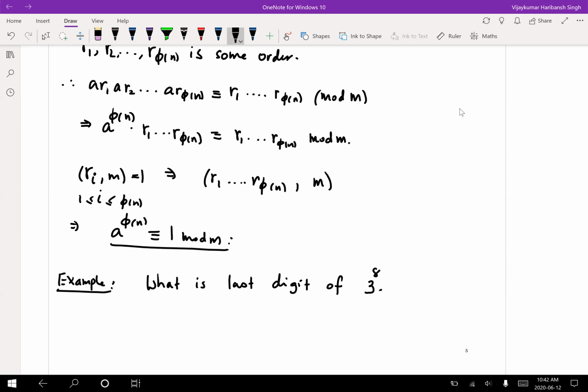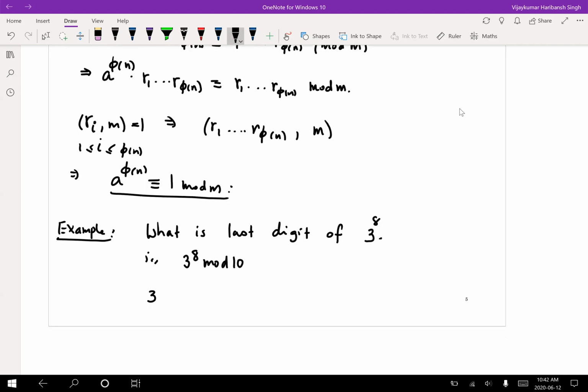So you're asking, what is 3 to the 8 mod 10, right? So we know that 3 to the power phi of 10 is going to be congruent to 1 mod 10.